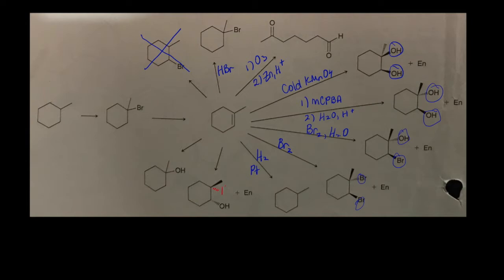There's an H that's been added. Now you can see that it's a syn addition, and that's a hydroboration: BH3, THF, and then basic hydrogen peroxide. So NaOH is your base.